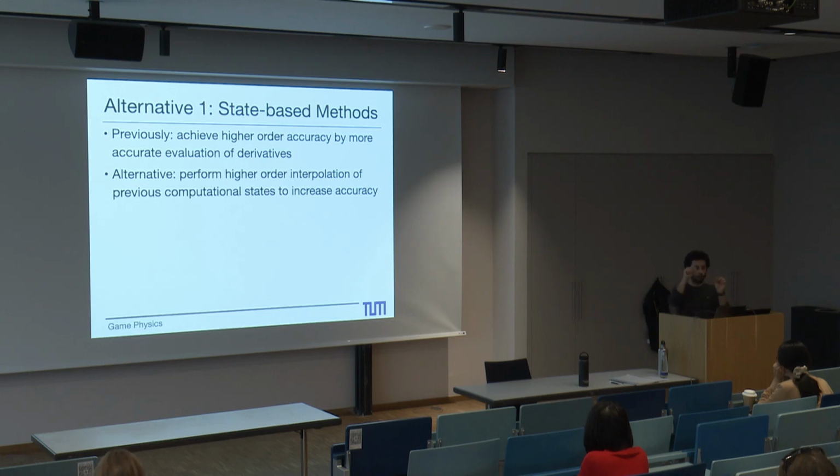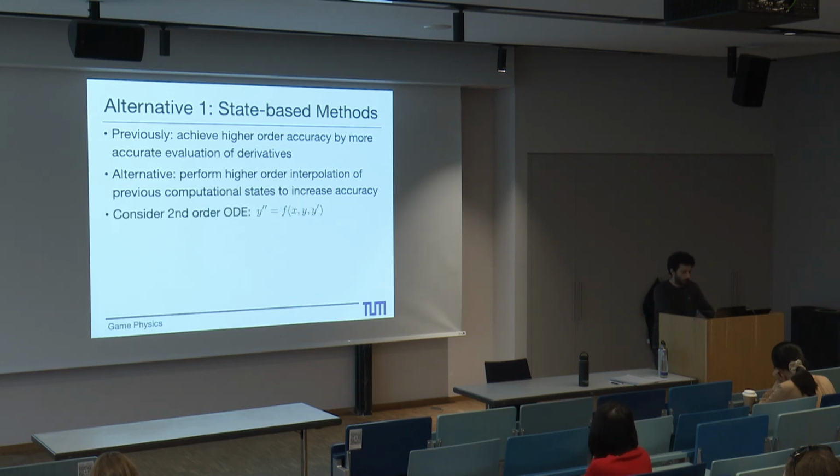So if we have 2 points and we are able to provide possibly a better estimation of the function by storing that information. Let's consider, for instance, a second order ODE, which is what you would get if you are trying to compute the acceleration of something.